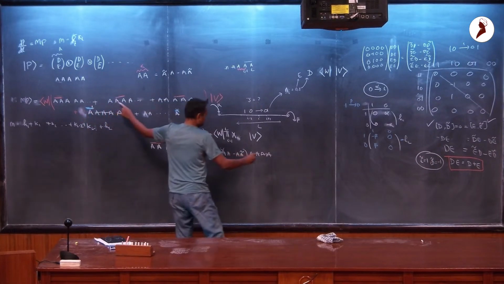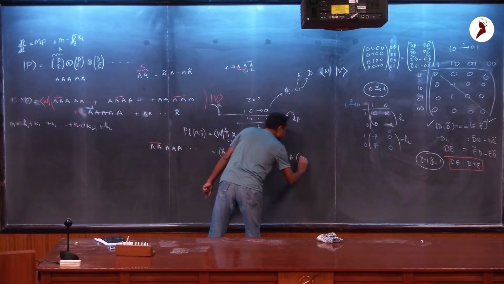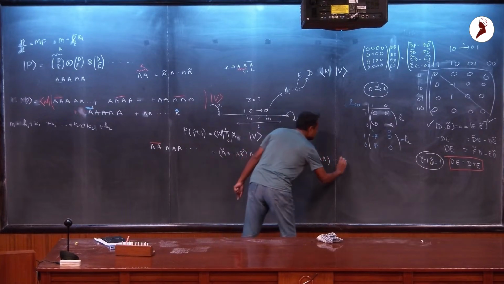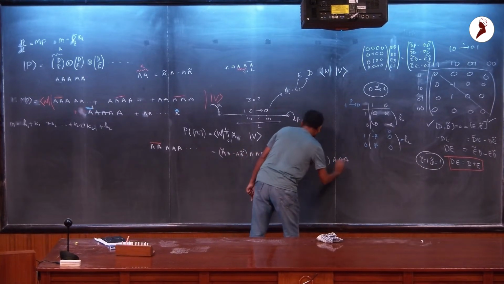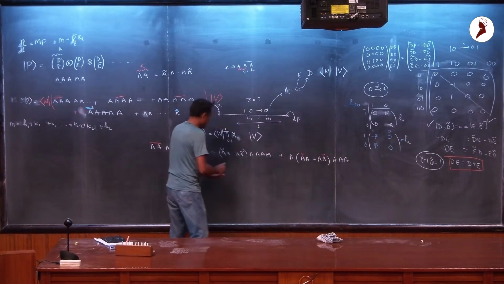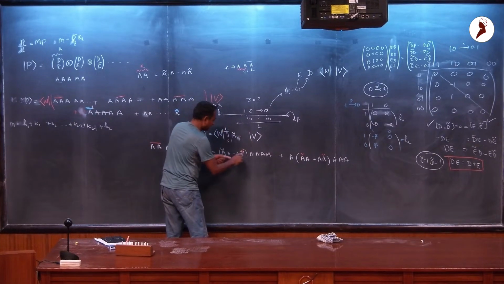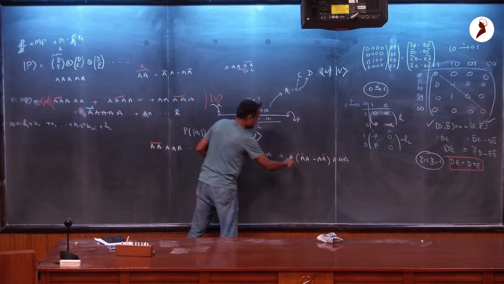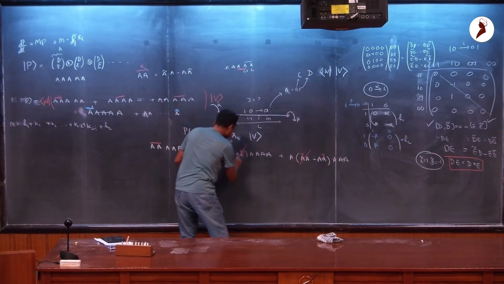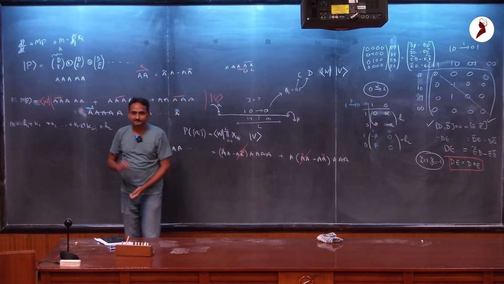Let us write that if you want. Plus, in the second term, first is A, and then is A minus A, and then all A's. The second term. So basically this is again A tilde. So I'm just saying that let us call it tilde. So this term, A tilde and all A's, is same, that A tilde, all A's. So this and that already cancels out. So this first term is left, A tilde, right?